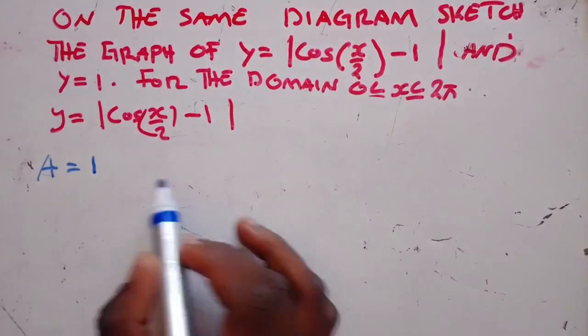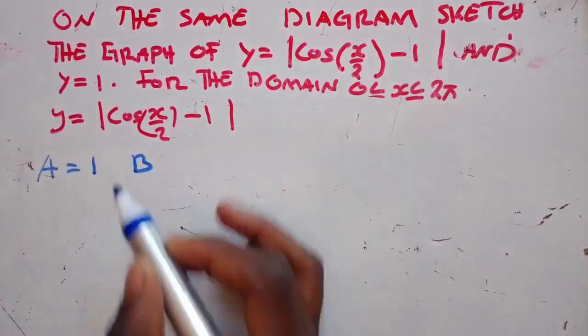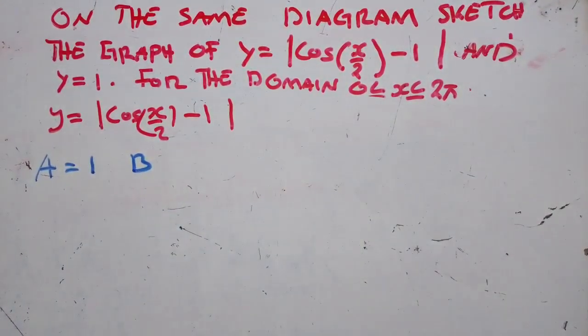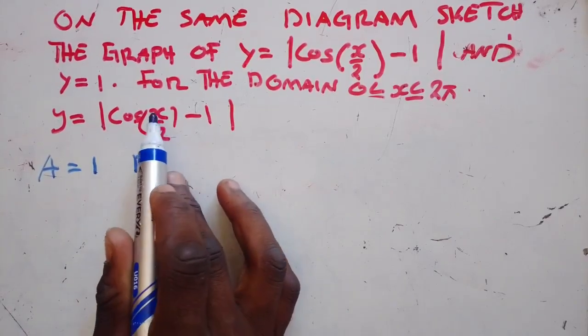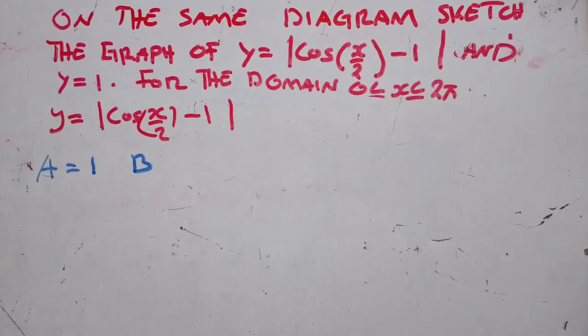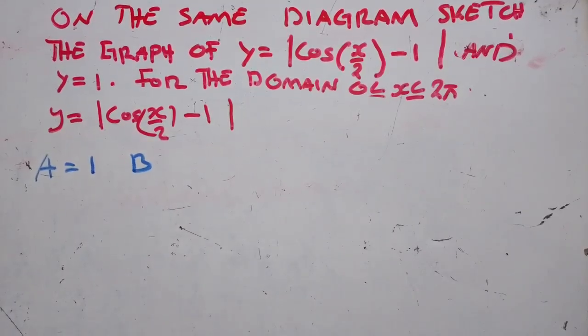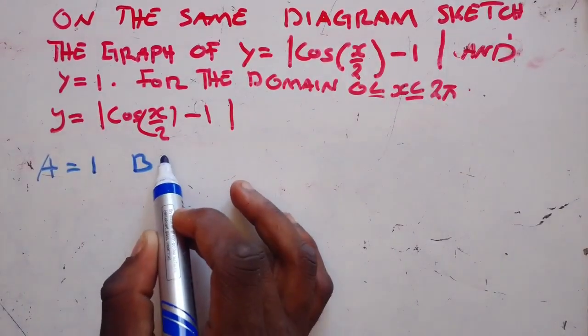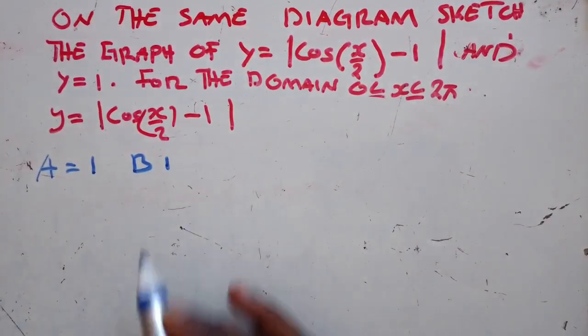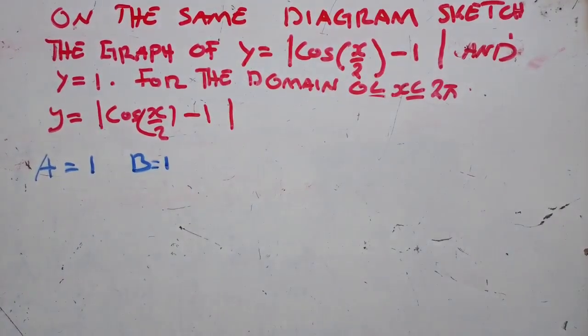Then the frequency, which is represented by letter B. For the frequency, we get the number which is in between x and the trig ratio. In this case, there is 1 in between, so this is our frequency.